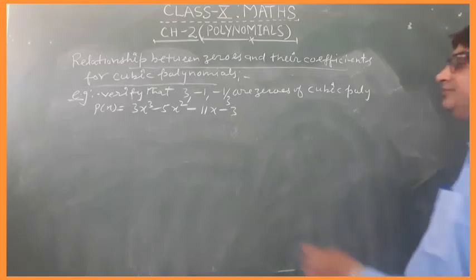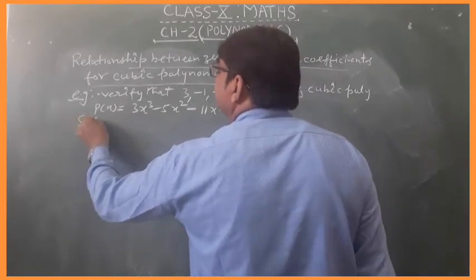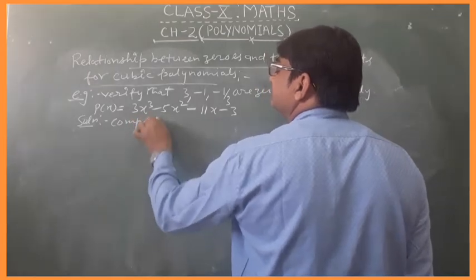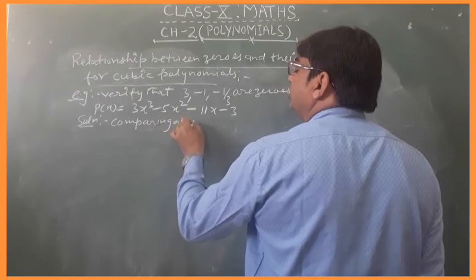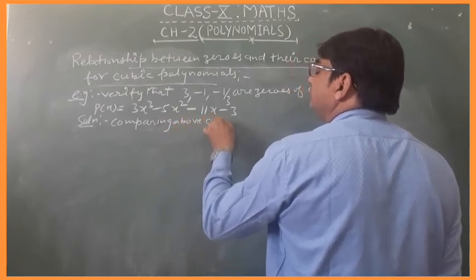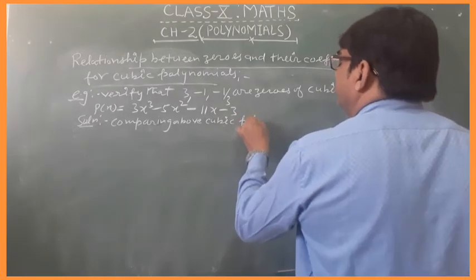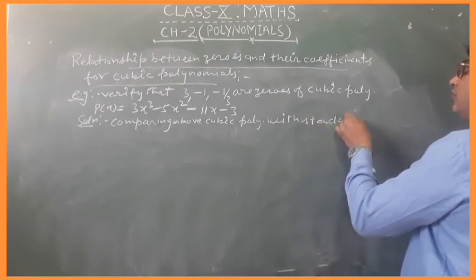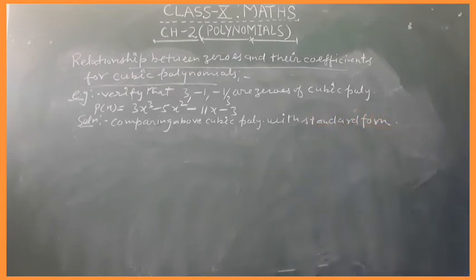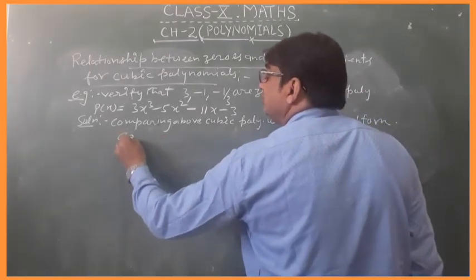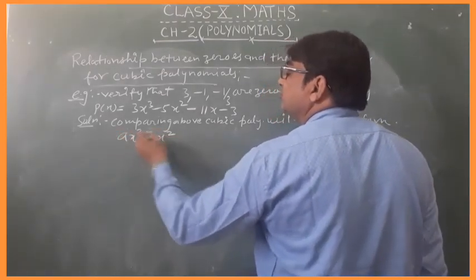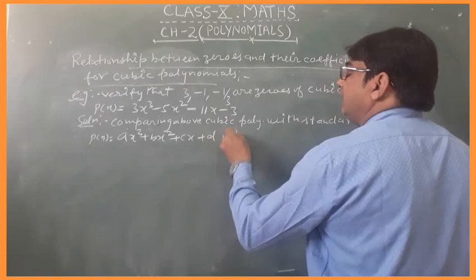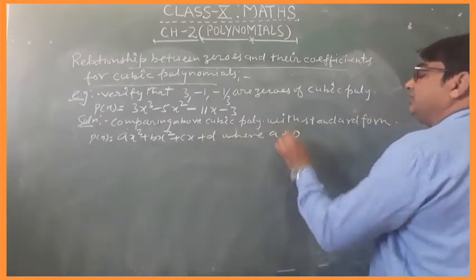Solution: comparing the above cubic polynomial with the standard form ax cube plus bx square plus cx plus d, where a is not equal to 0.